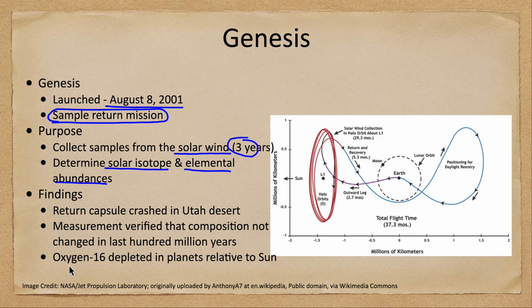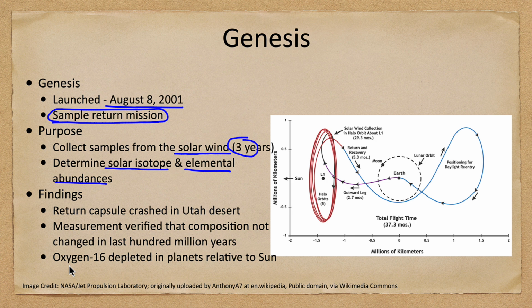Now, the detectors would have been deployed at this point and would have collected material over the course of years as material streams out from the sun and then is collected in the particle detectors, and then after its orbits were completed, it then returned to Earth, and you can see the return path there in the blue as it came around to land in Utah.